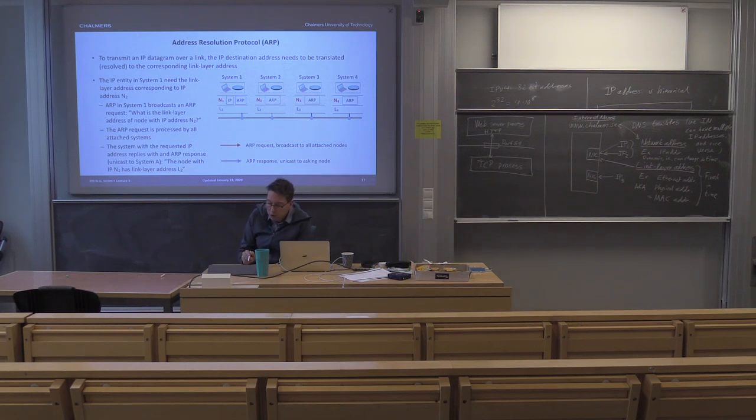So it works like this. Suppose an IP packet needs to go from system 1 to system 2. The IP packet itself will have the format: it comes from system 1 and it needs to go to system 2, and there is some data.